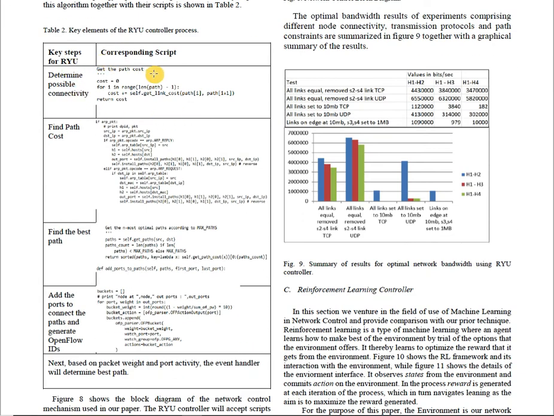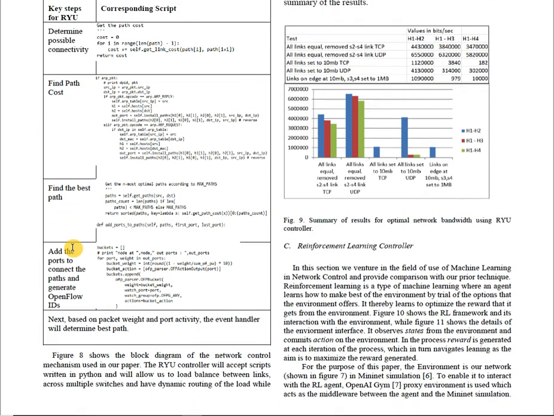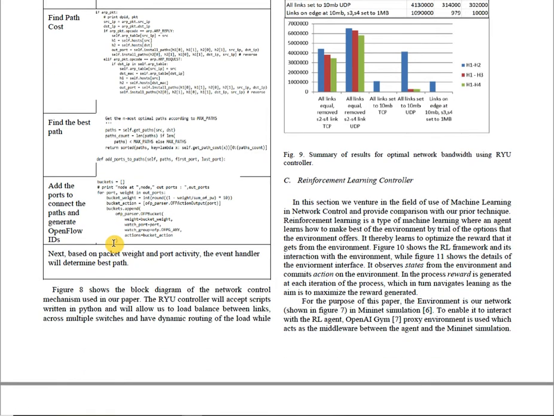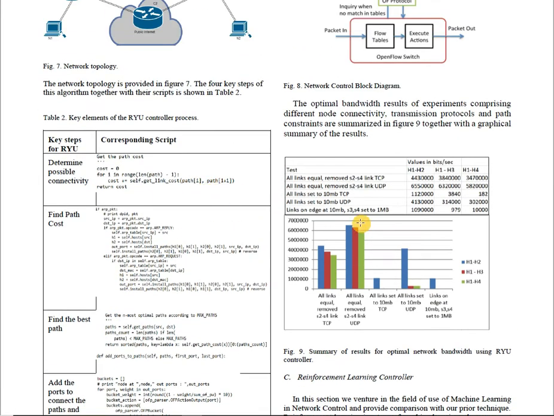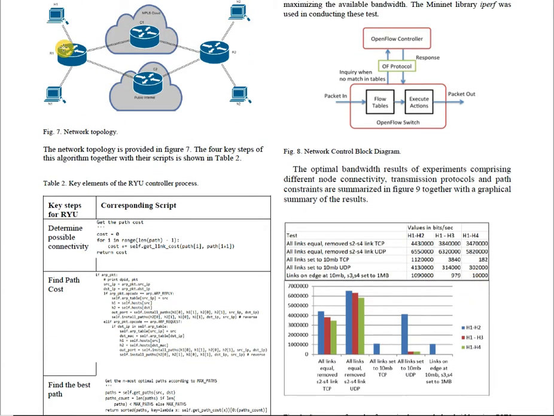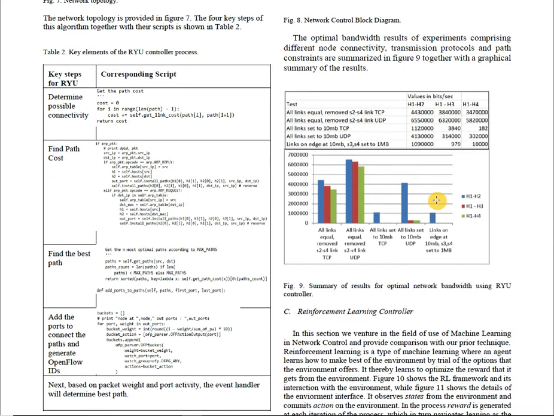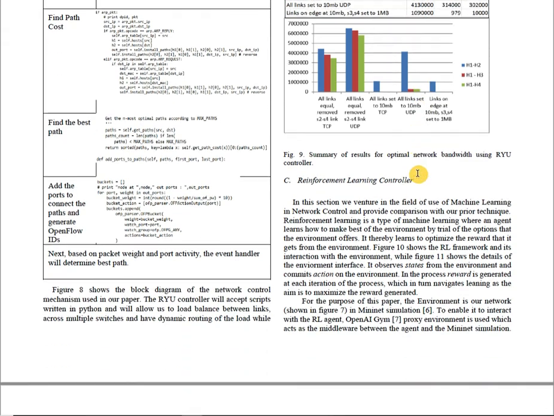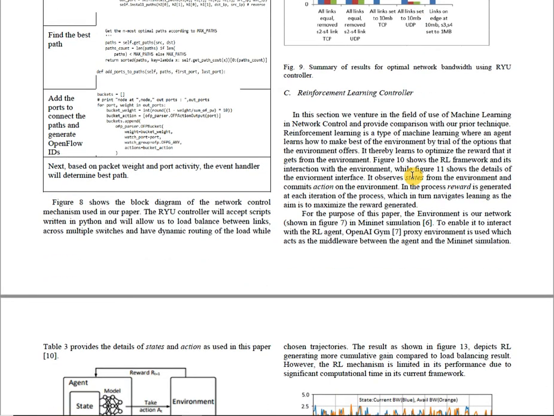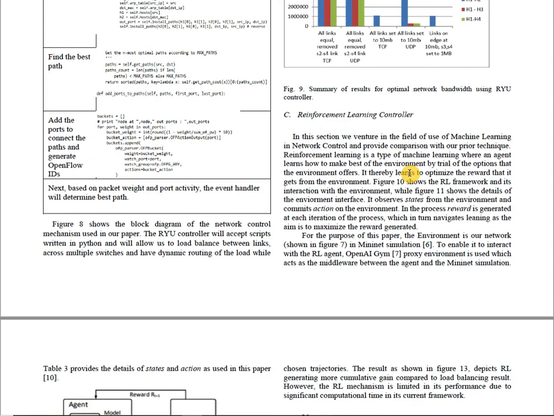So we provide the script to find out about these elements, including path cost, best path, IDs associated with it, and so on. Once we have done that, we show the results of the different paths. You can see the result between H1 and H2, the result between H1 and H3, and so on. Those are shown over here, and then basically what data rates you can get from there.